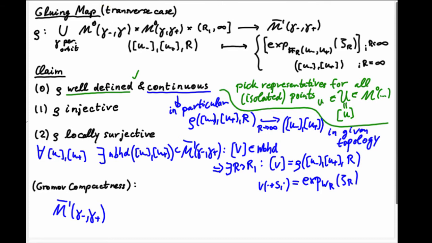We could say that in terms of the gluing map, but we could also say that if I take this and take out the image of the gluing map, then I would like to say that this is compact, and this is now simply a subset of parametrized maps mod R. So I can think of these as maps from R times S1 to M mod R. That's a known entity as a topological space, and the claim is that that's compact.